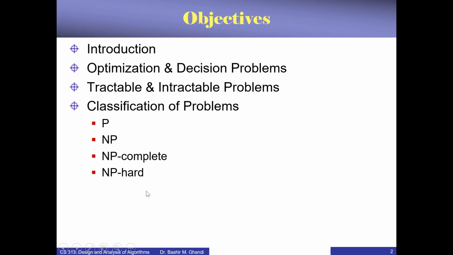So these are the 4 main classes that you can classify problems by according to their tractability or difficulty in solving. Finally, we take a number of examples of problems that are NP-complete. Okay, so this is the outline of the lecture.